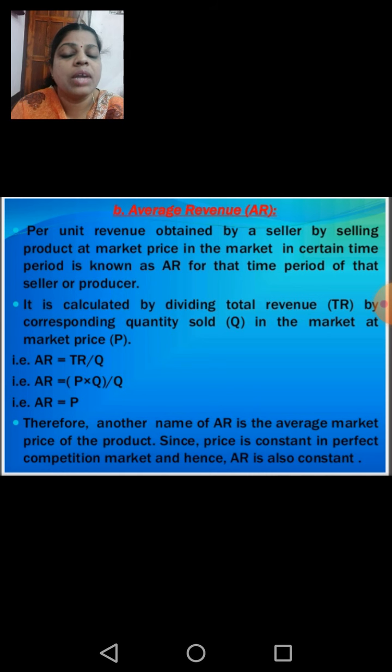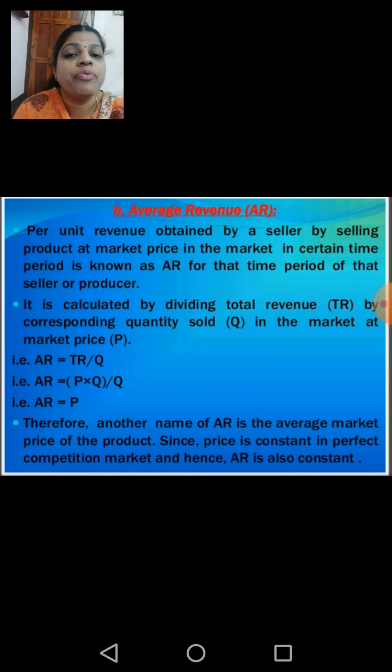And in perfectly competitive market, average revenue is the price. Why? So we have derived through the formula, that is, P into Q by Q. Isn't it? In the numerator and the denominator, Q is there and it gets cancelled and P is the only remaining one. So average revenue equals P. So what it means?